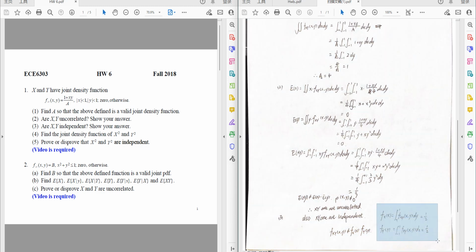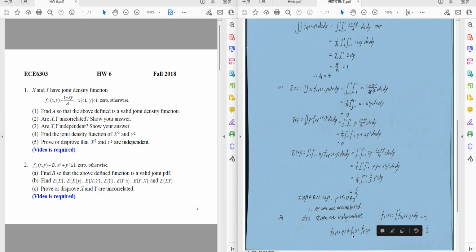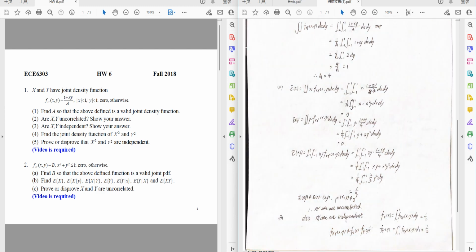Just calculate using the integral, we can get the x marginal density function and the y marginal density function, and both of them are one half. So the joint density function is not equal to the product of the two marginal density functions, which means x and y are not independent.